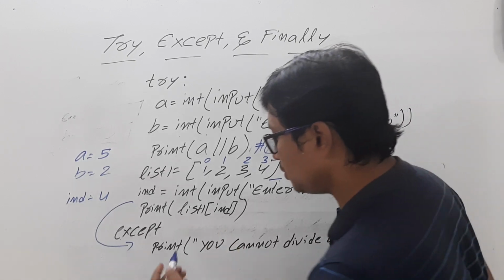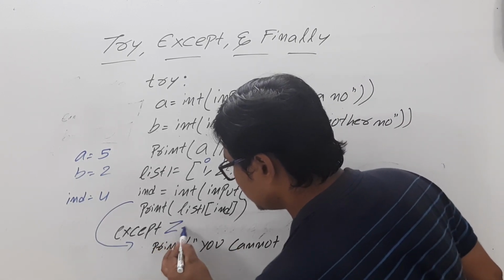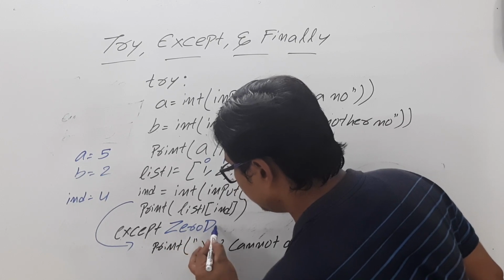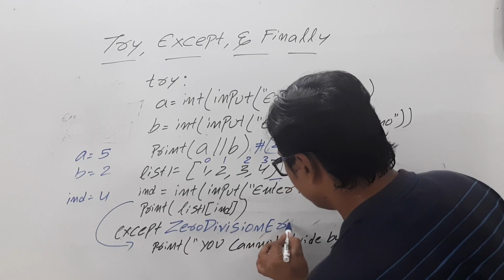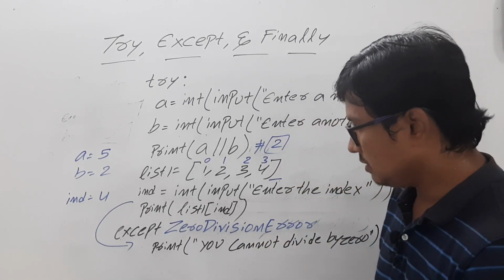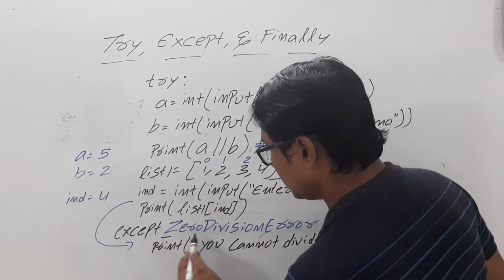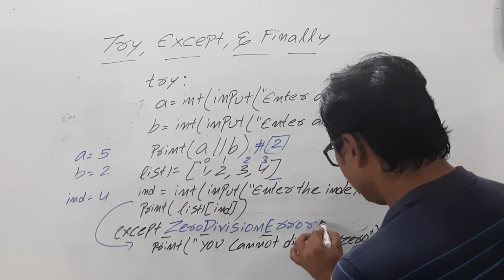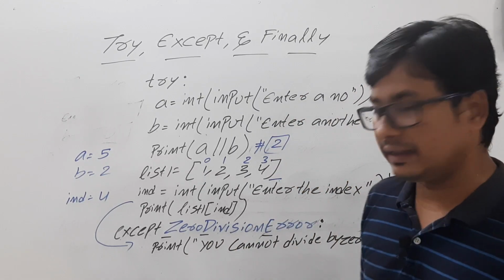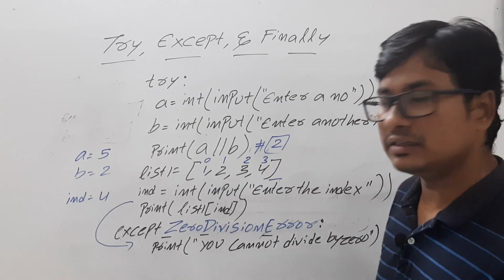Am I right? So you need to write here ZeroDivisionError. And remember one thing, the Z, D and E should be in capital letters. And then you have to write the colon, and then write this one.